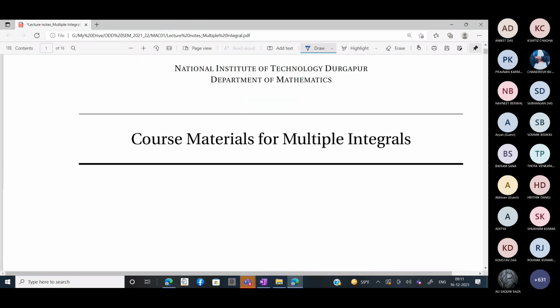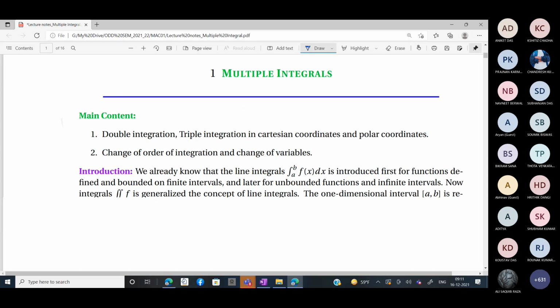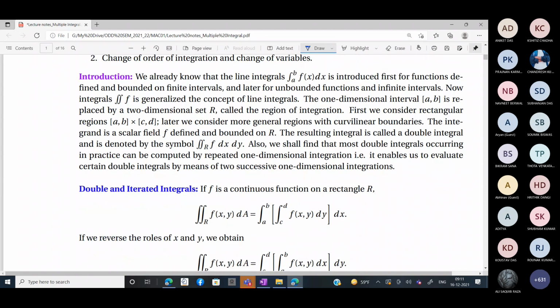Now, in what way do we generalize it? The one-dimensional interval AB is replaced by a two-dimensional set R, that is, a region of integration. And we consider the rectangular region.